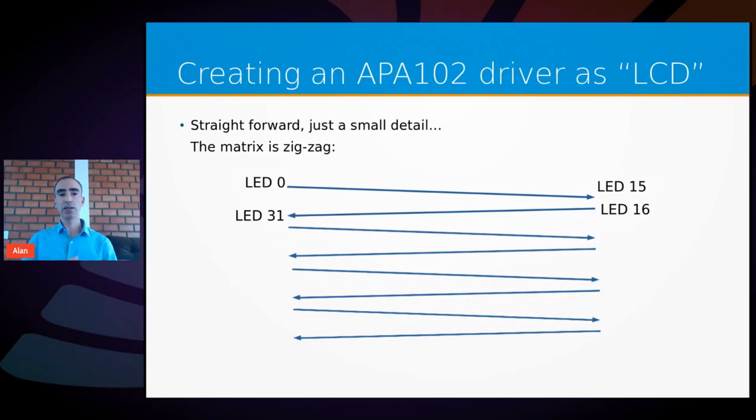But in this matrix it is zigzag, because the last LED is connected directly to the nearest LED in the next line.